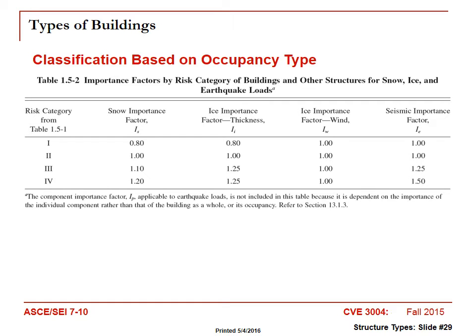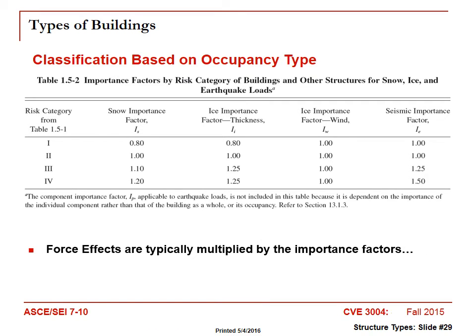whatever loads are established. If that was a hospital or an essential facility in the same geographic location, I would apply an importance factor of 1.5. So any loads that I had established relative to earthquake, the inertial forces caused by an earthquake, are automatically going to get increased by a factor of 50%.